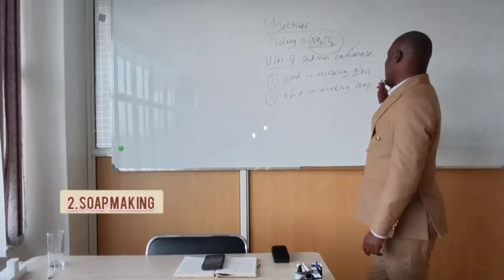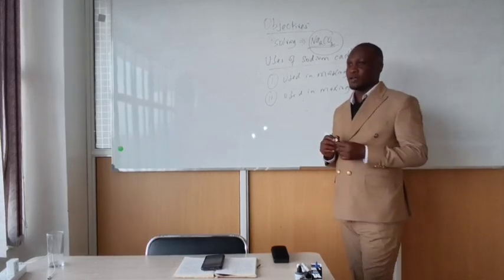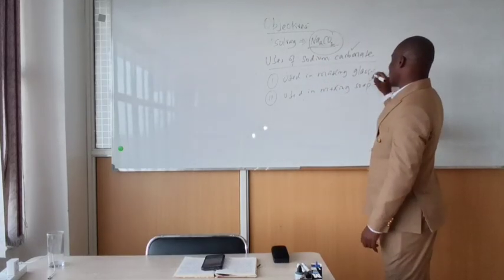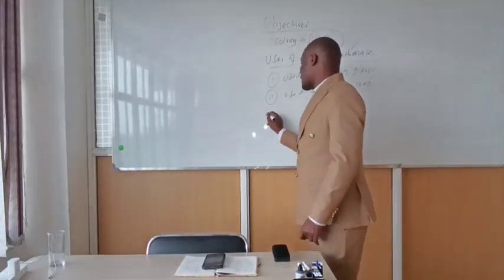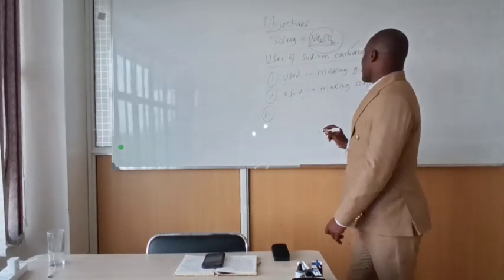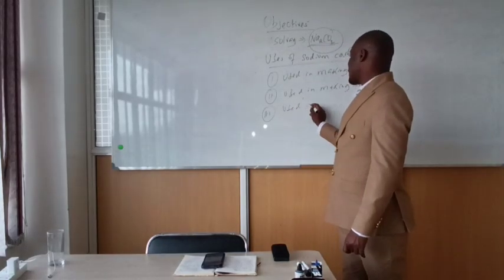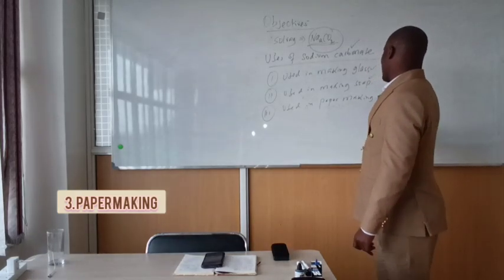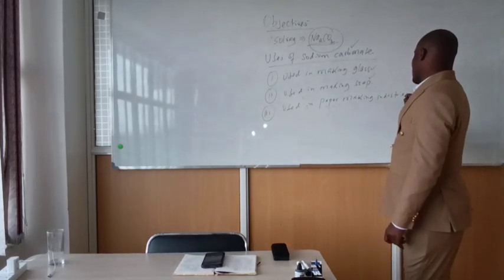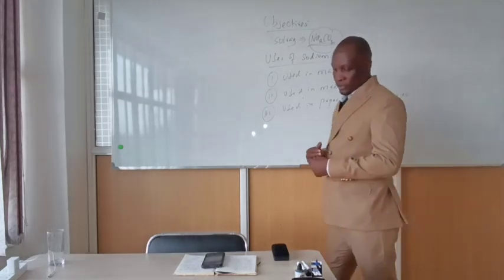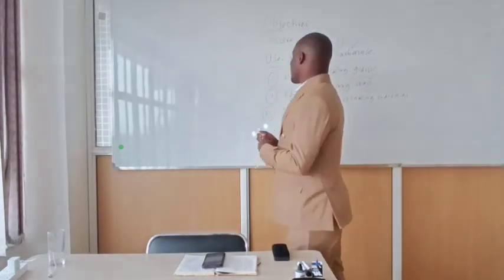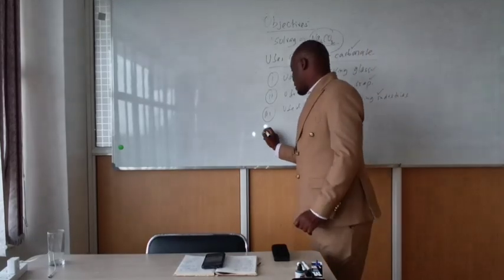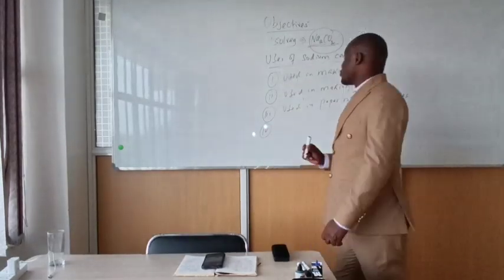Yeah, the bar soap that you see around, Menengai, Kibuyu, and many others, they have sodium carbonate as a component. Number three is that it's also used in paper making industries. So the books that we use for writing, sodium carbonate is a component of the process involved in making books from trees.